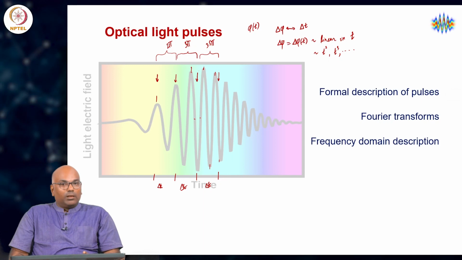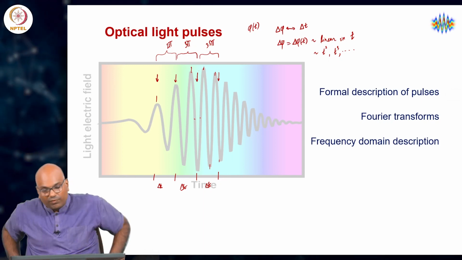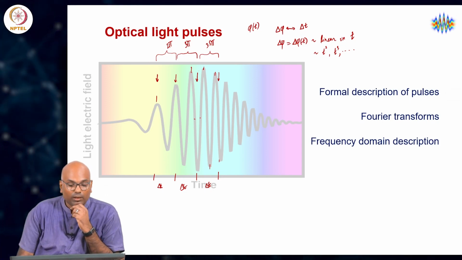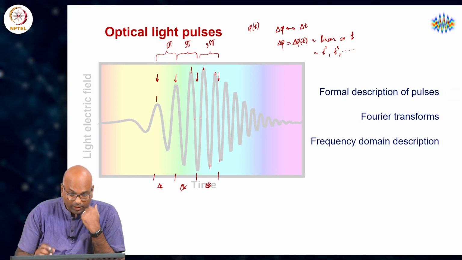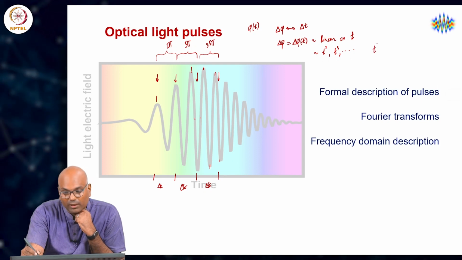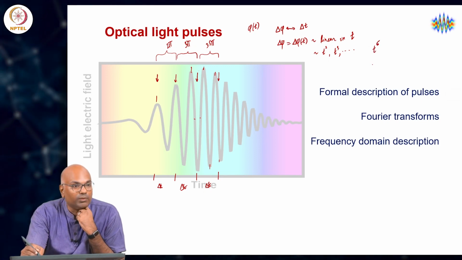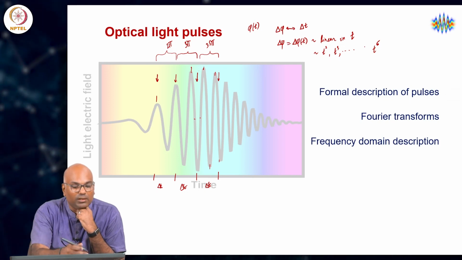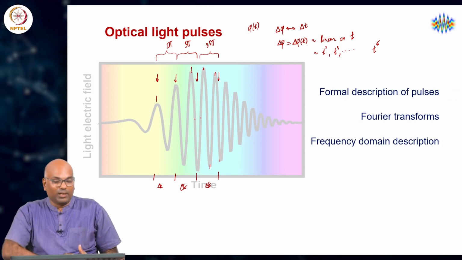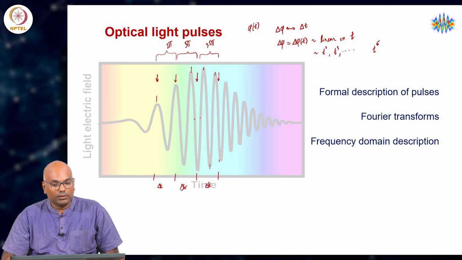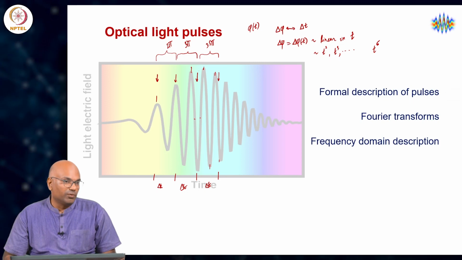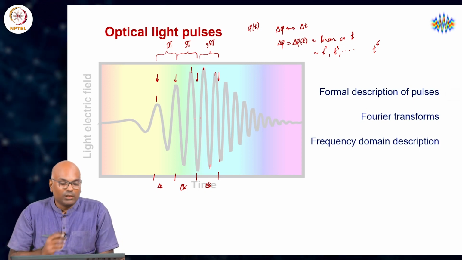But since you asked this question and we are trying to build our intuition on things, I should bring up this notion as to what a pulse would look like if the contribution of say the t to the 5 term was dominant as against the linear. The pulse would have looked really very different, in the sense that the frequency variation would have been kind of crazier, if you wish.